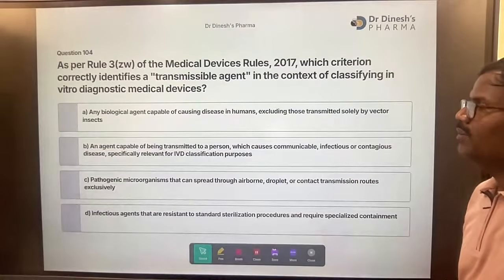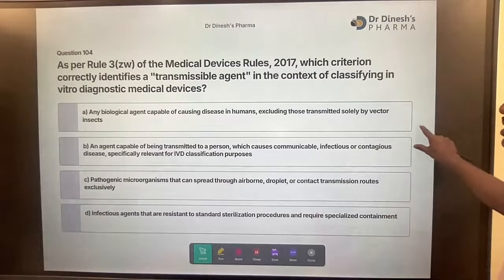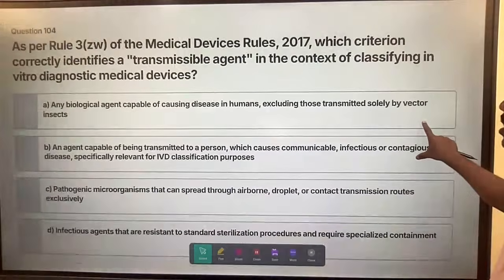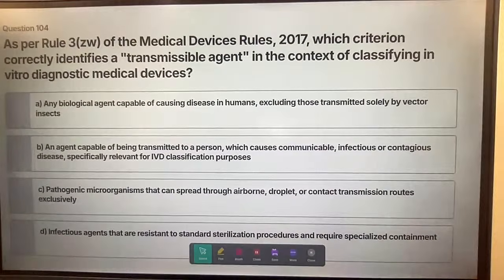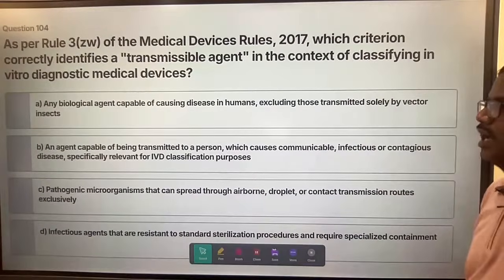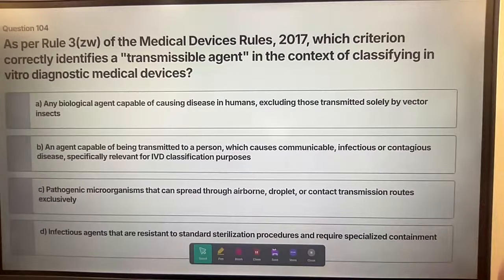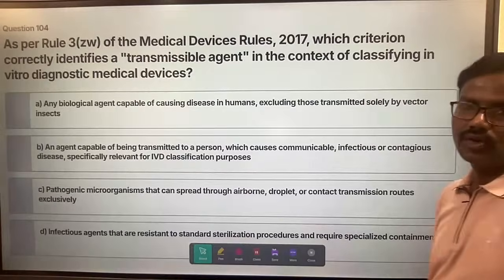Okay, so any biological agent capable of causing disease in humans, right, excluding those transmitted solely by vector insects, and an agent capable of being transmitted to a person which causes communicable infectious disease, especially relevant for IVD classification purpose, pathogenic microorganisms that can spread through airborne droplet routes exclusively, and infectious agents that are resistant to standard sterilization procedures require specialized containment. Okay, what is the answer?